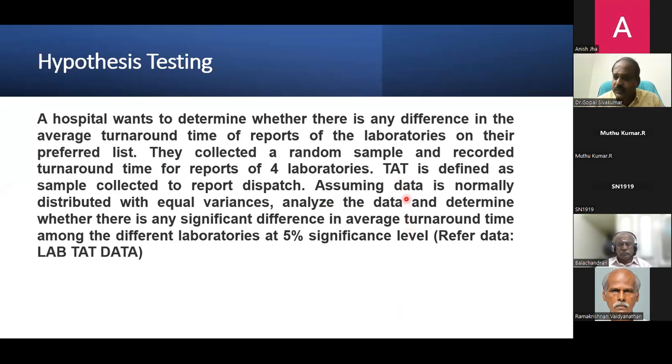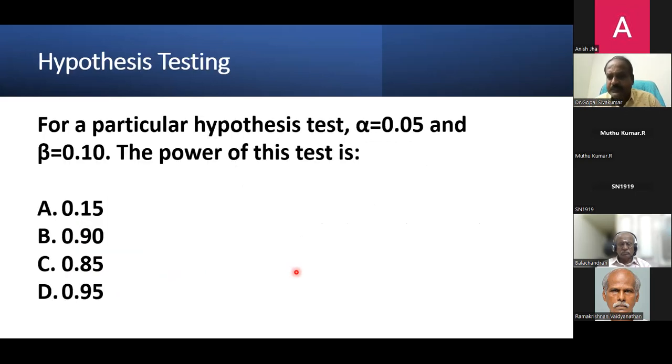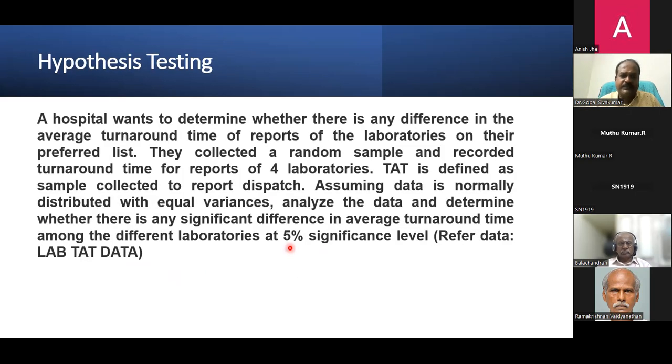Turnaround time is continuous data. Go to Minitab, conduct ANOVA, and the same lab time data is available in our Excel sheet. It will also be provided in the exam window. Whichever way you are comfortable, you can use it. So that's why I keep this Excel file on your site. Then you can conduct the ANOVA and see whether there is a significance or not, right? And then you can answer.